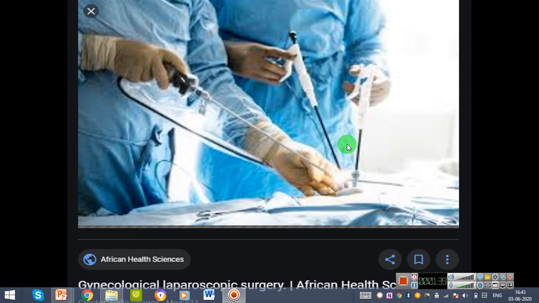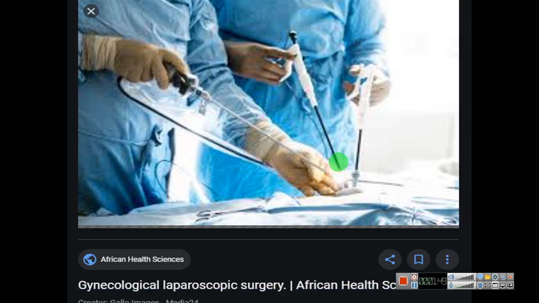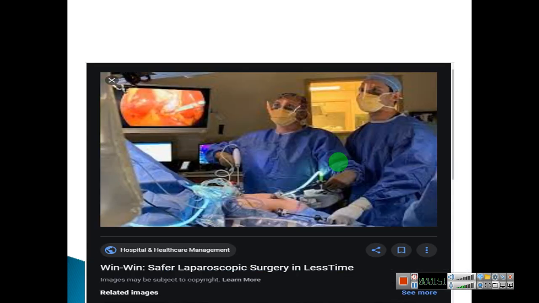Therefore patient should be kept in fasting for this laparoscopic examination. Then these are the pictures of doing surgery.